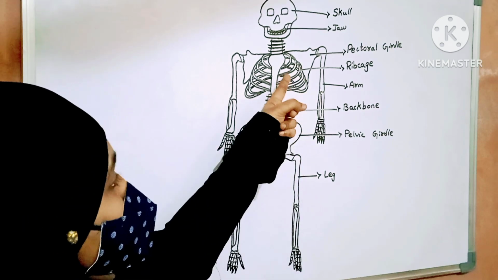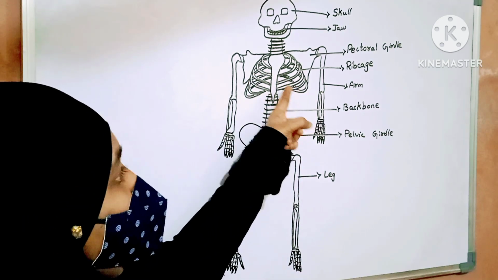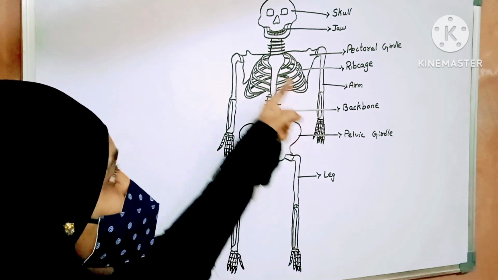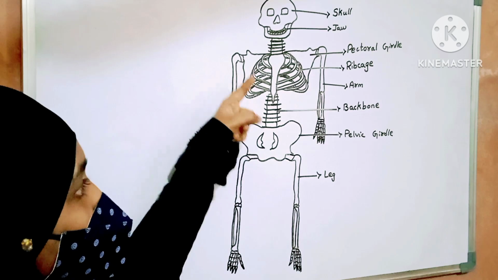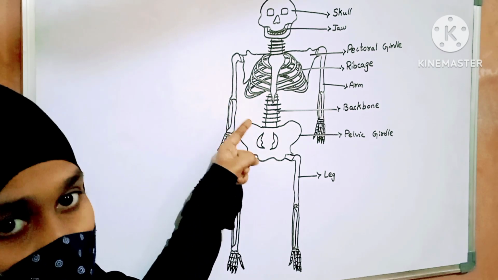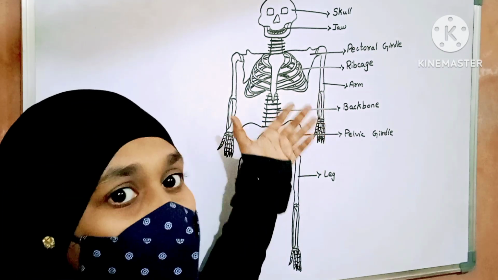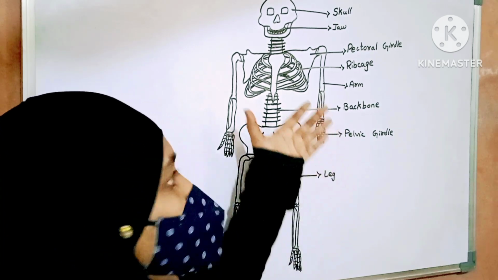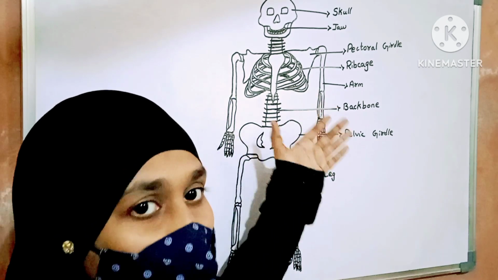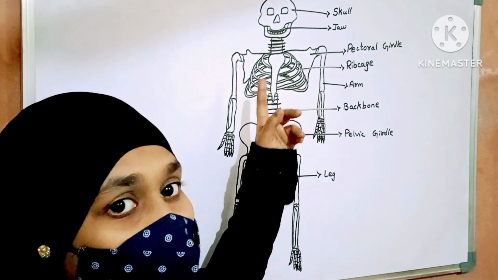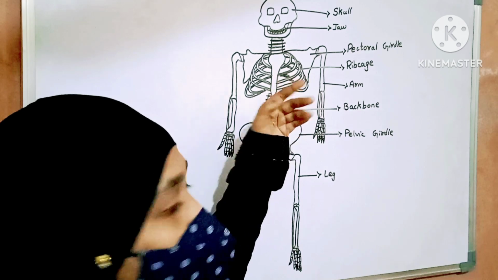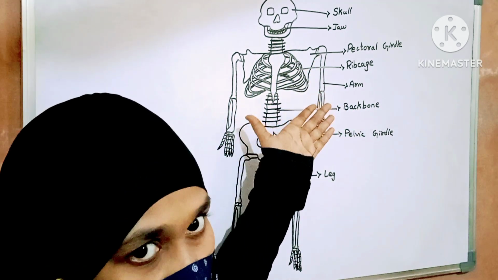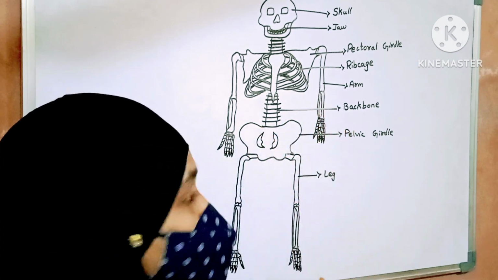Yes. Here is the rib cage. This is a cage-like structure. You can see here, this is a cage-like structure present below the shoulder and it ends at the waist region. It is formed of 12 pairs of bones called ribs, and each rib is a very thin, flat structure that is connected to the backbone from the back side, and from the front it is connected to the chest bone known as the sternum.